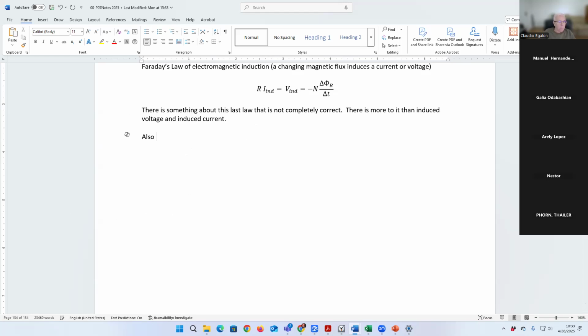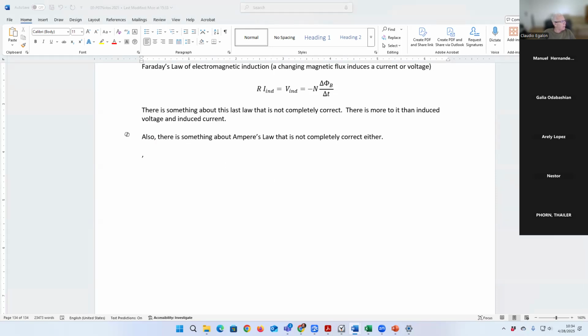Also, there is something about Ampere's law that's not completely correct either.